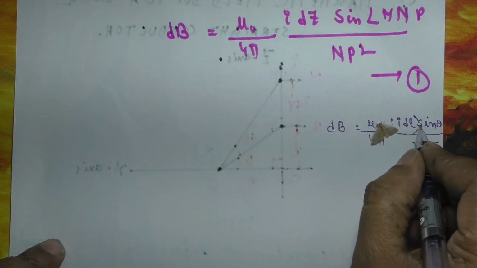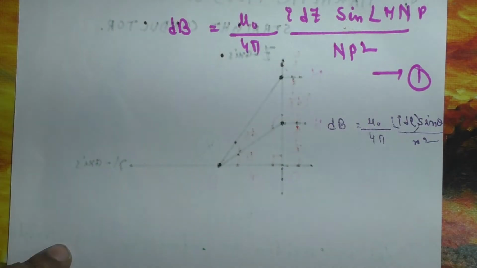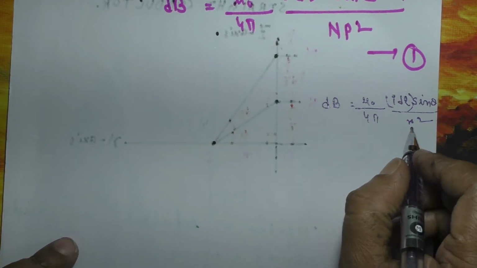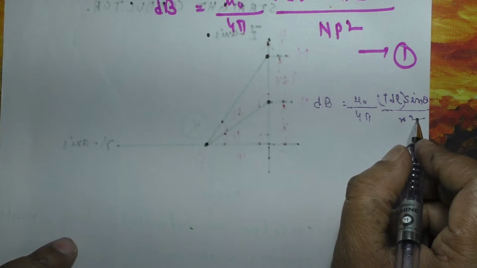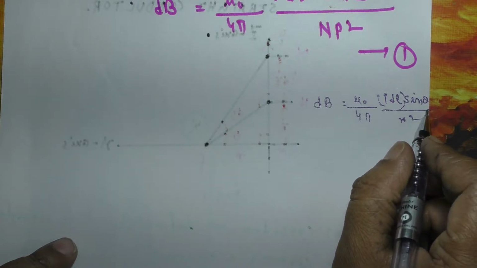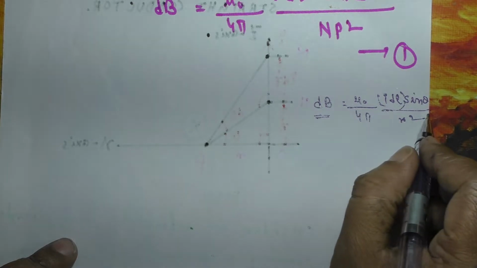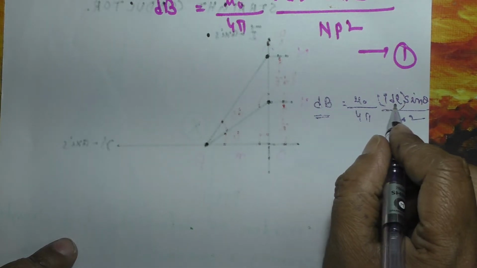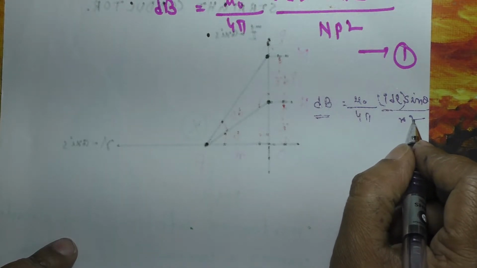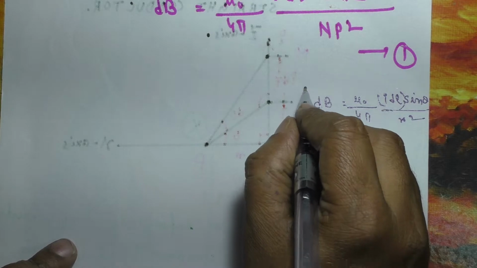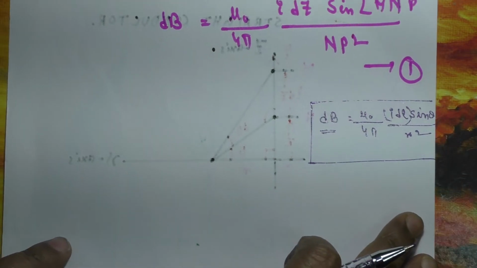In the first video on magnetostatics I discussed the current element, and r is the position vector of the point where the magnetic field dB is given, and theta is the angle between the current element I dl and the position vector r. This is Biot-Savart law, which we already discussed in the previous video.